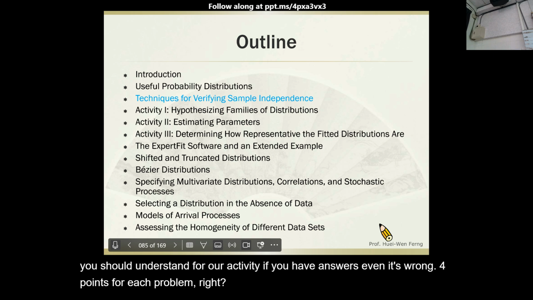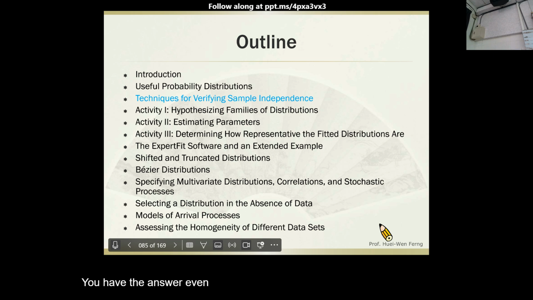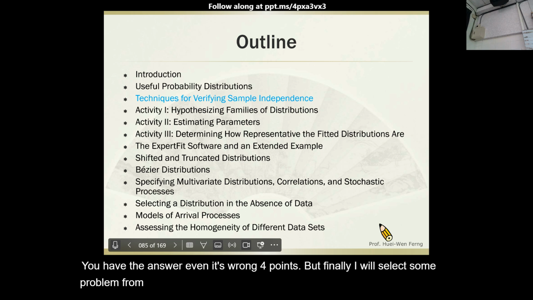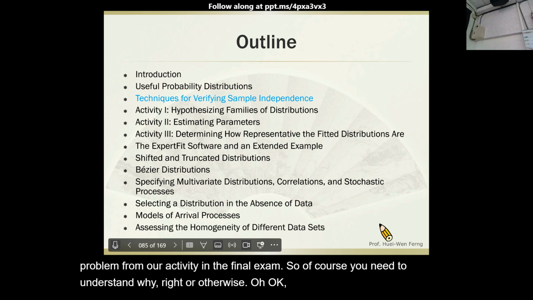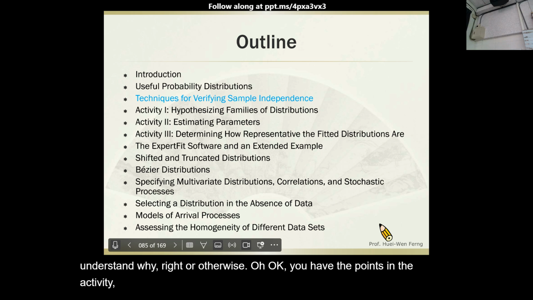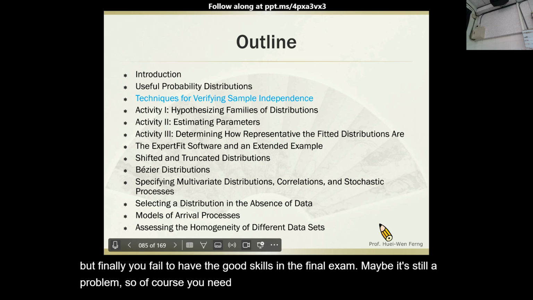You have the answer, even if it's wrong, 4 points. But finally, I will select some problems from our activity in the final exam. So of course, you need to understand why, right? Otherwise, you have the points in the activity, but finally you fail to get good scores in the final exam, maybe it's still a problem. So of course, you need to know how to have the answers.